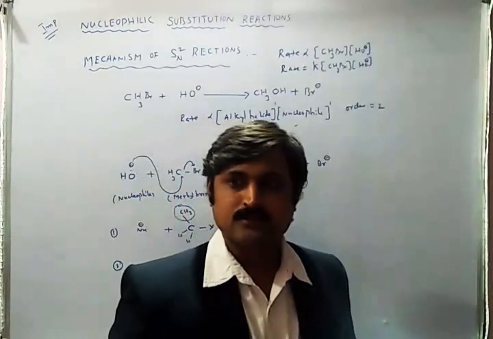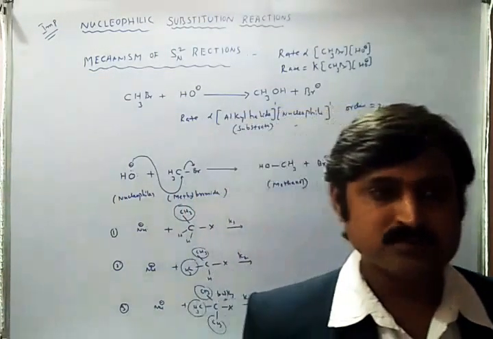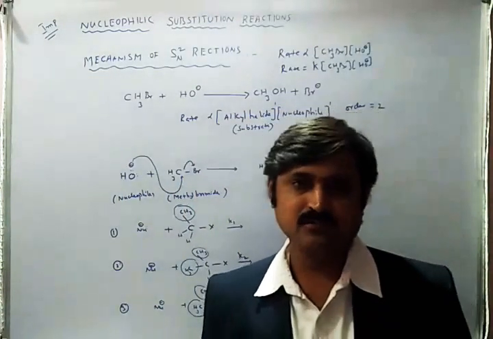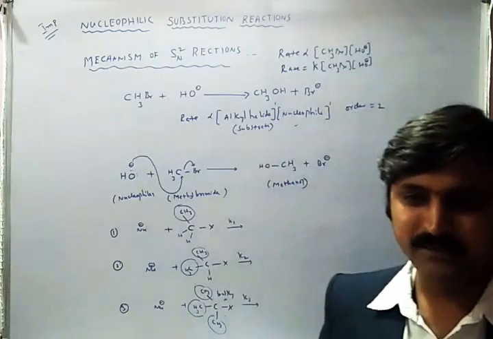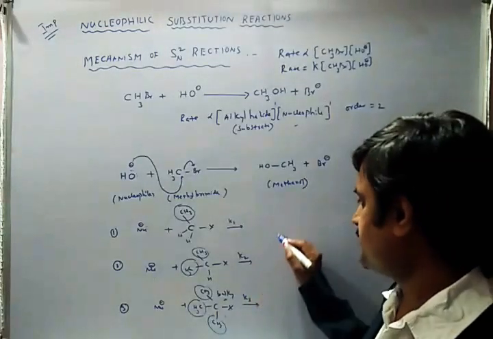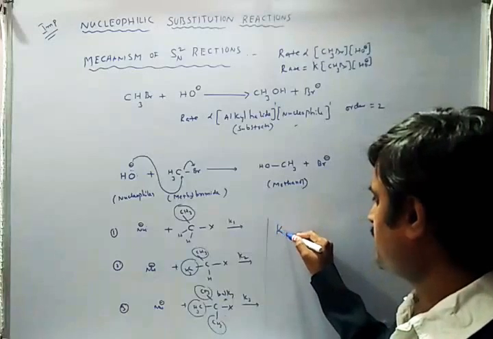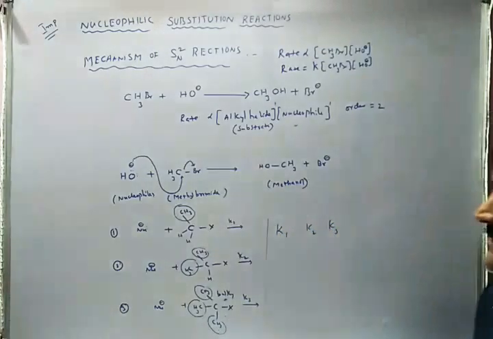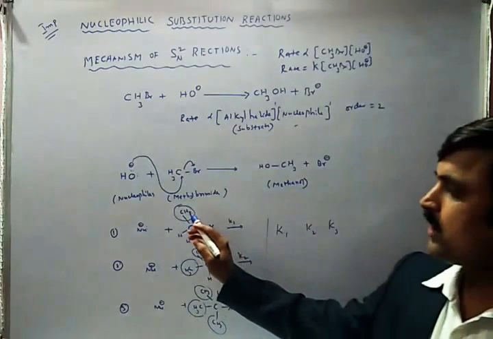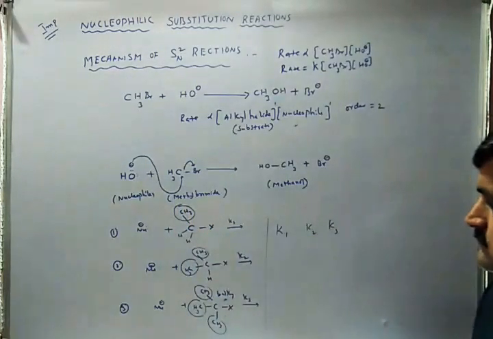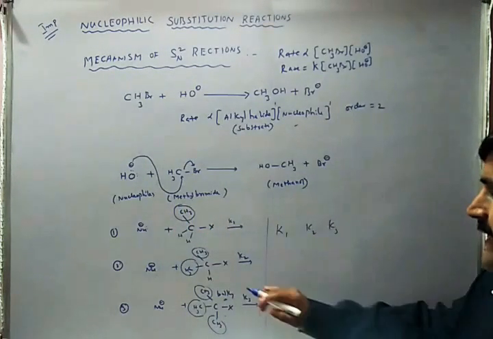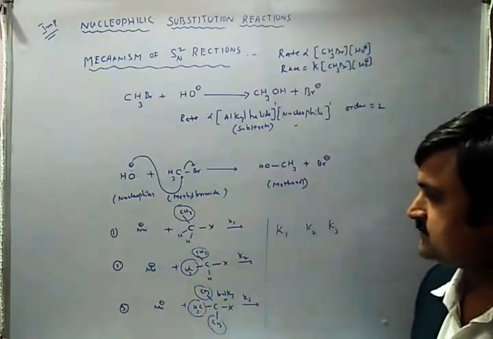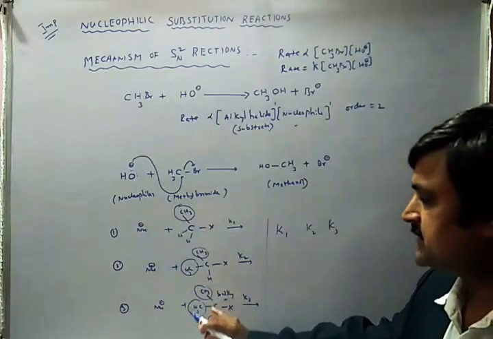Because of these bulky groups, what will happen? The rate of reaction decreases. I can write the K1, K2, K3 relation. Here we have only one bulky group. In the second case, two bulky groups. In the third case, three bulky groups.